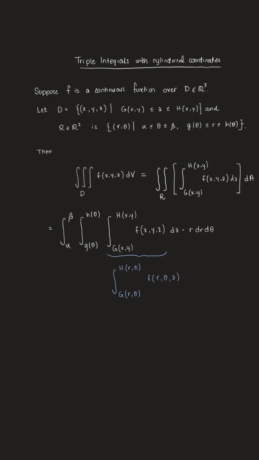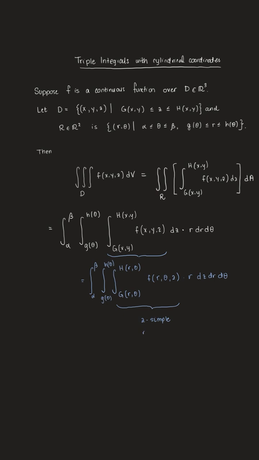Now we've got times r from our area element, and then dz, dr, d theta, and we can also write our middle and our outer integrals. So the middle integral is from g of theta to h of theta, and our outermost integral from alpha to beta. And so this assumes that we're going to go z simple first for our region in space.